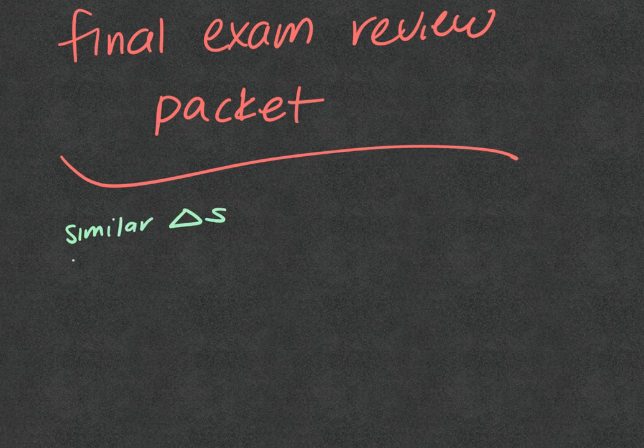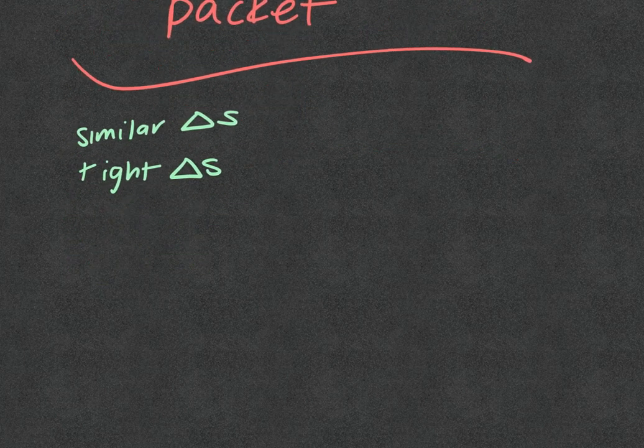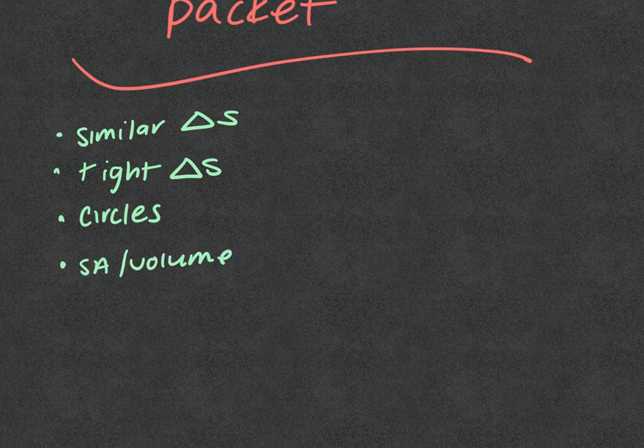Then we went to right triangles. We worked backwards. Then in order of the actual chapters came circles. Then comes surface area and volume. Then comes probability.